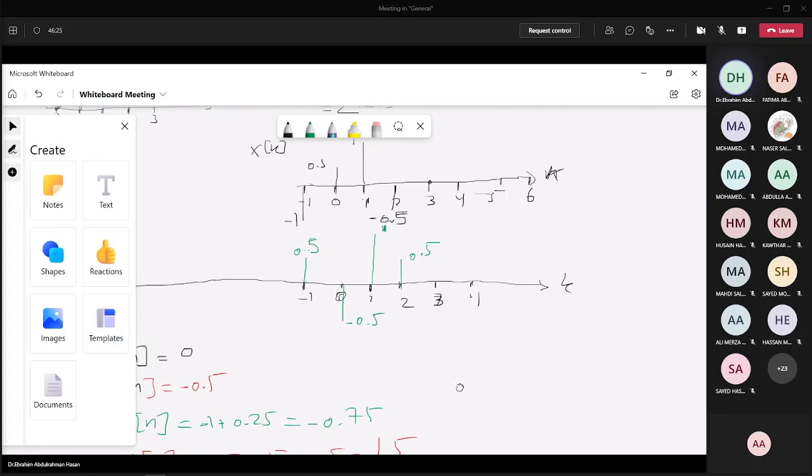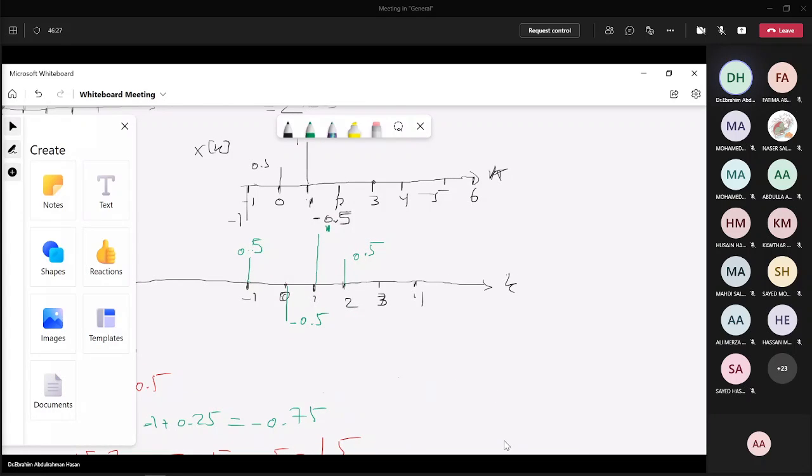n equal to 2. We write here n equal to 2. Then y of n equal to 0.5 multiplied by minus 1, so it is minus 0.5. 0.5 multiplied by minus 0.5, so minus 0.25.